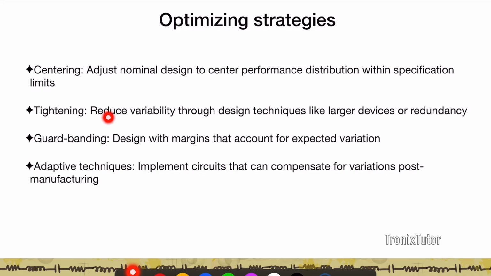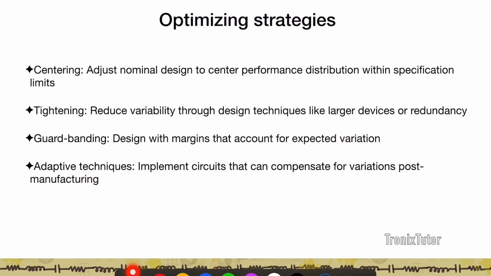It also gives me clues of, suppose I need to tighten the distribution, what kind of design techniques I need to use to reduce the variability. Right? Should I use larger devices, redundancy, what do I have? Also, this gives you an idea as to what kind of margin I need to build into my design so as to ensure that all my expected variation is accounted for.